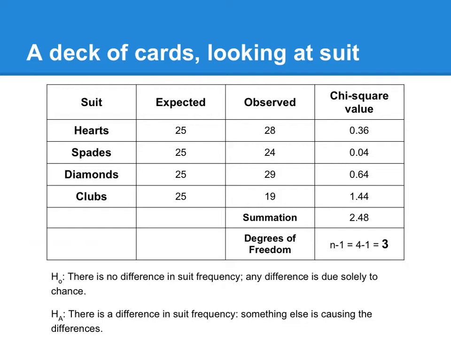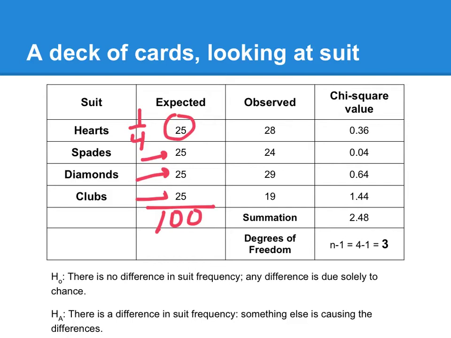If I were to draw a card randomly and then put that card back 100 times, my expectation, because there is an equal number of hearts, spades, diamonds, and clubs, is that I should draw each suit 25 times, or 1/4 of the time. I should get 25 hearts, 25 spades, 25 diamonds, and 25 clubs.